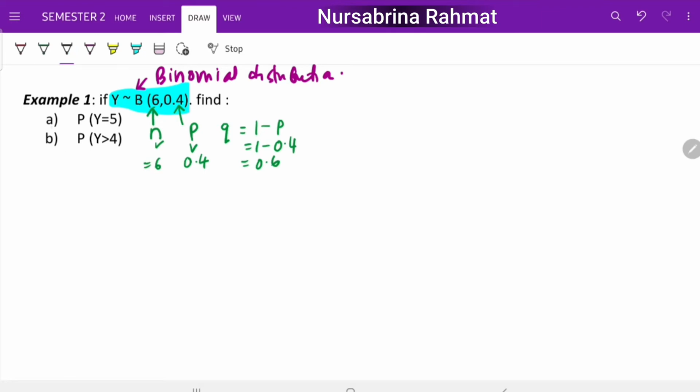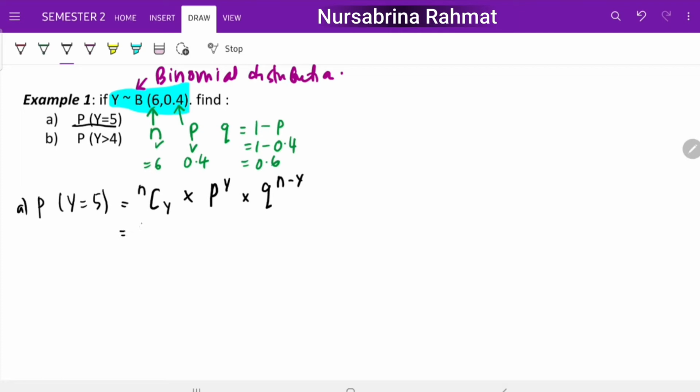First question: find P(Y = 5). The formula is n choose y, since it is Y, multiplied with p to the power of y, multiplied with q to the power of n minus y.